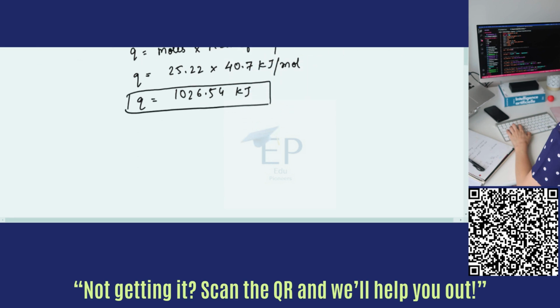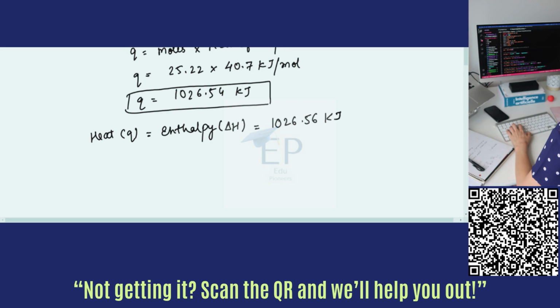And here heat Q is equal to enthalpy, that is del H. This is equal to 1026.56 kilojoule.